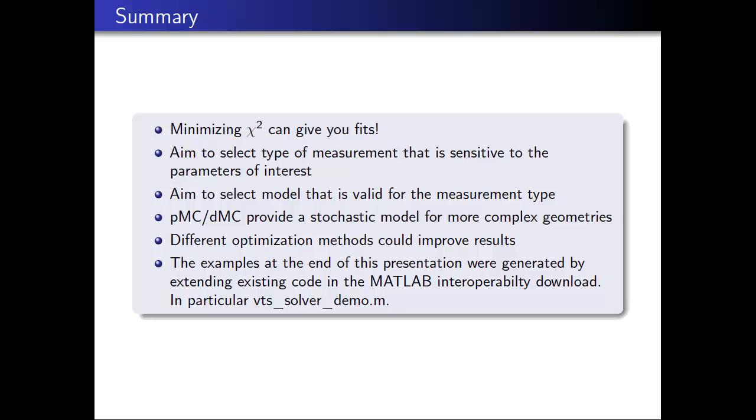I've exposed you to the fact that a Monte Carlo solution might provide you a solution when you have complex tissue types, and it can be done in an iterative scheme in a fairly fast way. The choice of your optimization method will definitely affect your ability to resolve these optical properties.